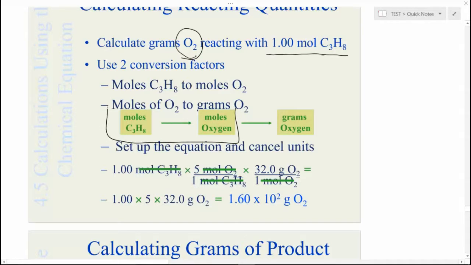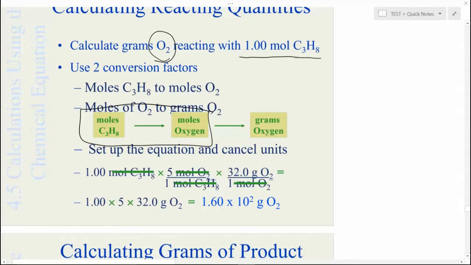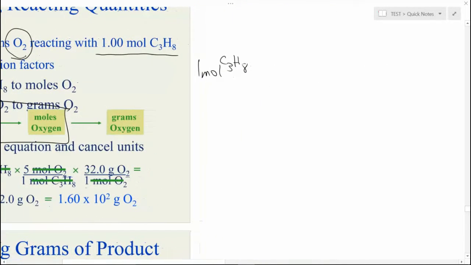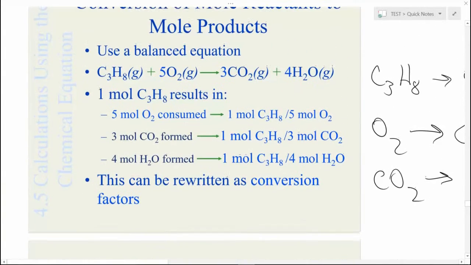This is the stoichiometry part, converting from C3H8 to oxygen. So that's our first step. We have 1 mole of C3H8, and I want to convert that to the moles of oxygen. So I need my balanced chemical equation. That's where the quantities come from.